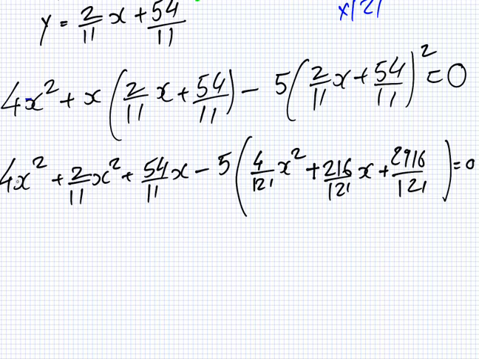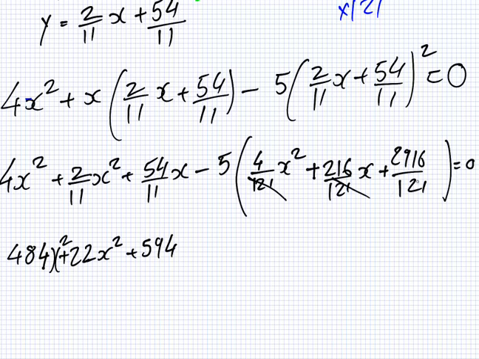Okay, so let's do that. 4x squared plus xy minus 5y squared equals 0. Okay. If I wanted to get rid of the 11 in the denominator, I should multiply everything by what? No, not 11.